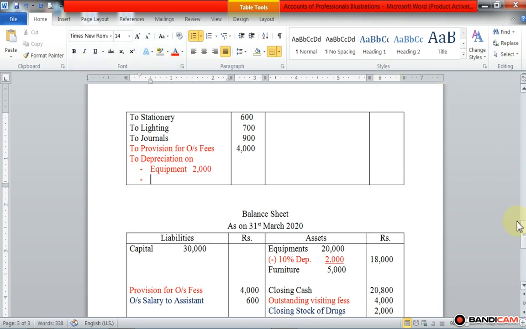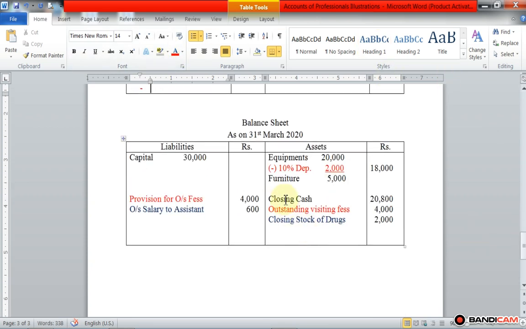Then second, on furniture, here deduct 10% on 5000, less 10% depreciation on 5000, that is 500.